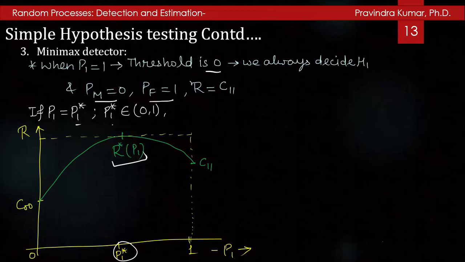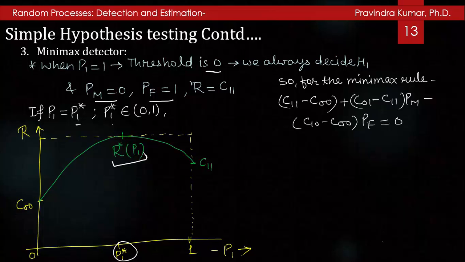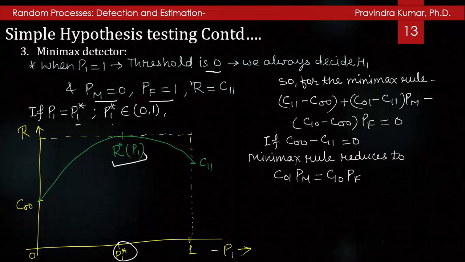So for the Minimax rule, C11 minus C00 plus (C01 minus C11) PM minus (C10 minus C00) PF will be equal to 0. If the cost of correct decision is 0, meaning C00 is equal to C11 is equal to 0, then the Minimax rule for P1 equal to P1 star reduces to C01 PM is equal to C10 PF.